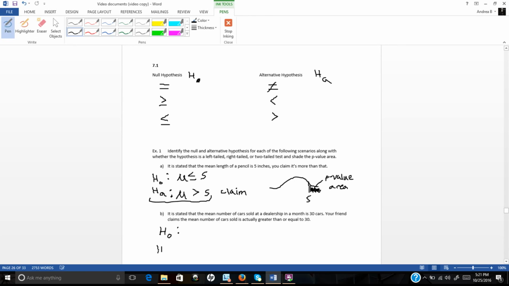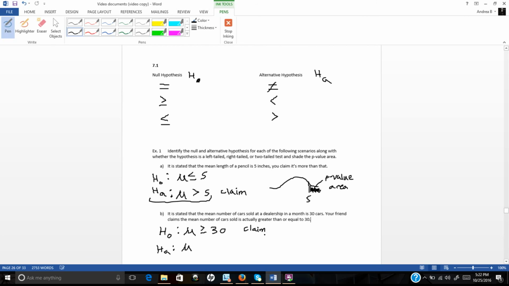And then the h sub a is the alternative. Once again, we're talking about the mean, so we'll have our symbol mu for the mean. Our friend's claim was that the mean number of cars is actually greater than or equal to 30. A greater than or equal to sign is the null. So the claim in this case is the null hypothesis instead.